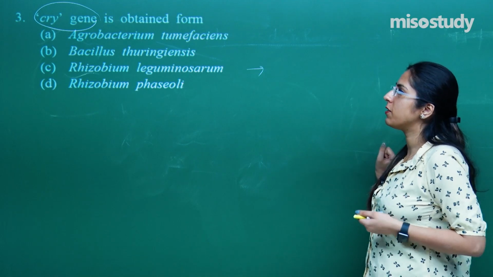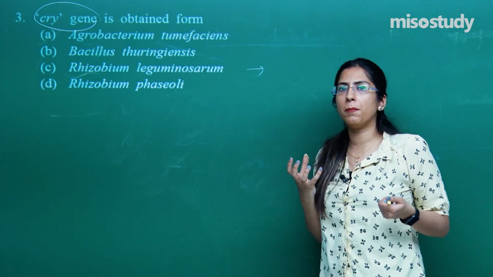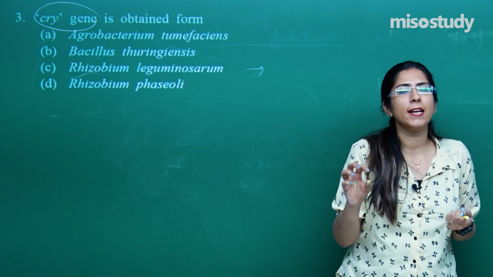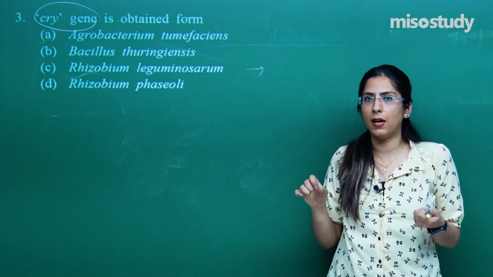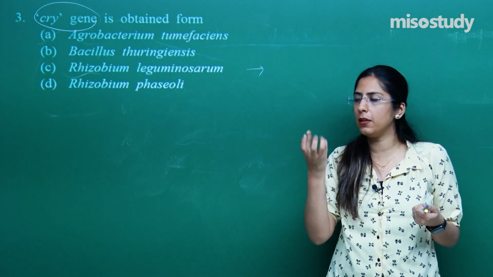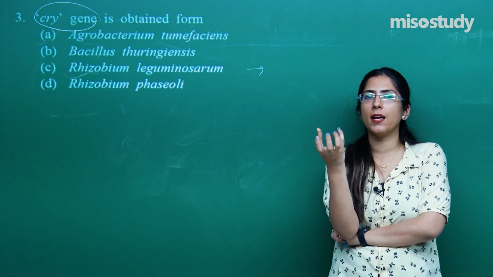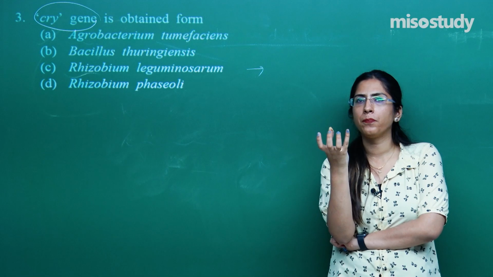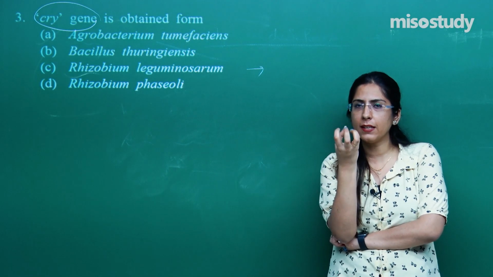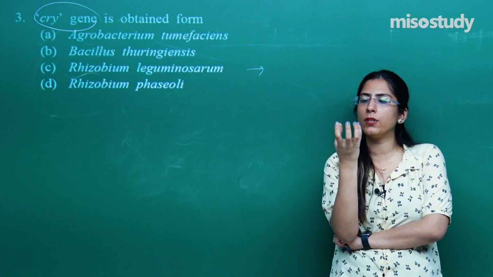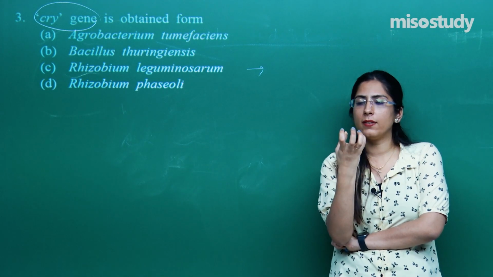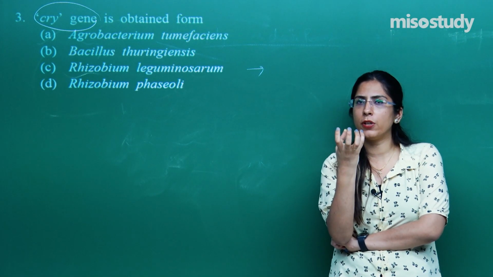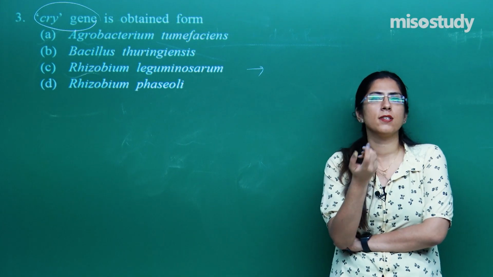So, whenever an insect comes and tries to attack such plants, the cry gene produces certain toxins that form crystals. When those crystals are engulfed by the insect, they are converted into the active form and cause death.